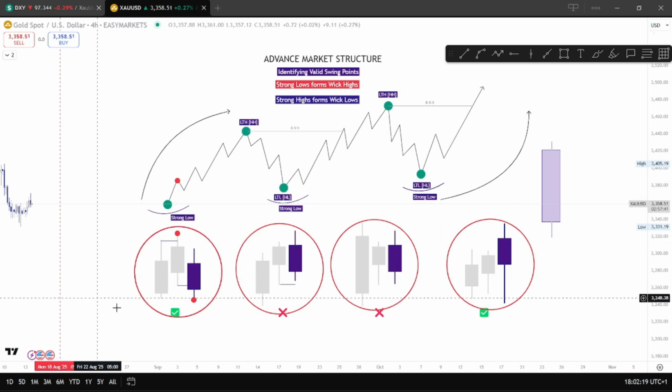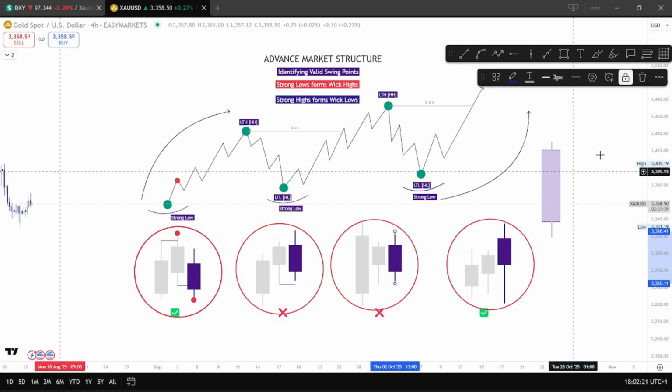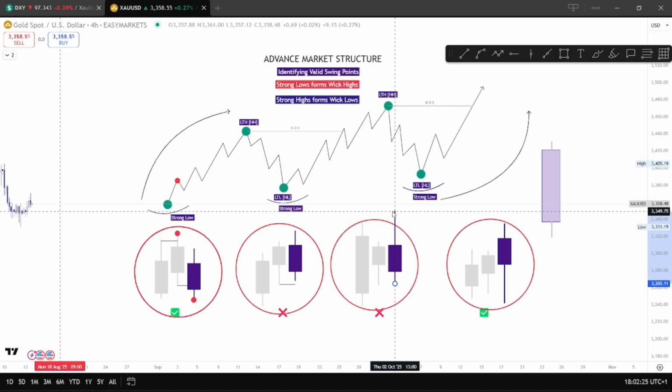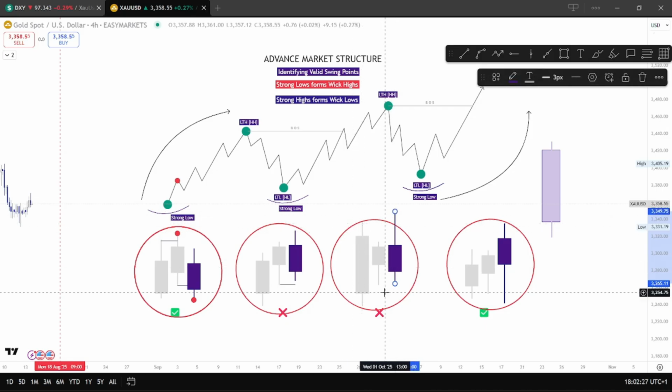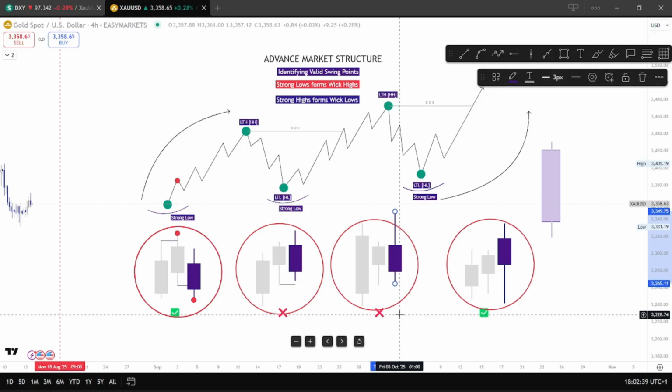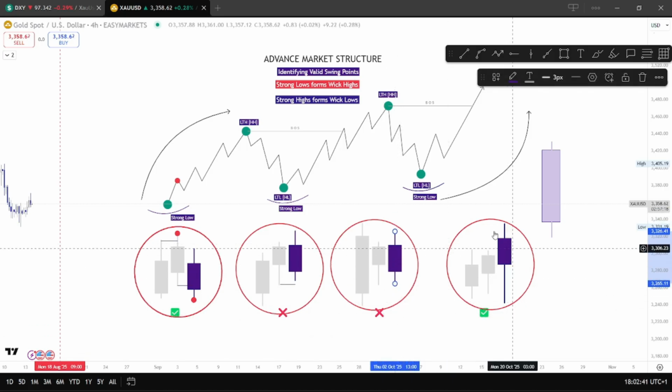What we want is a candlestick either breaking above this high and then breaking below this low. In fact, it is even better if it breaks below it like this, but that's highly unlikely.